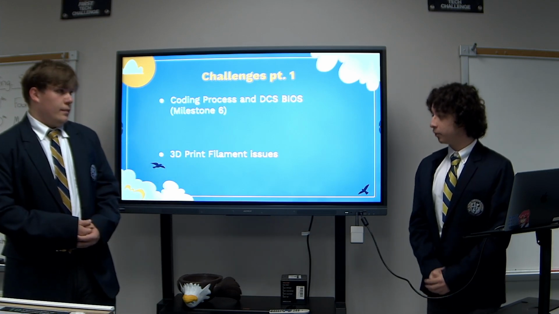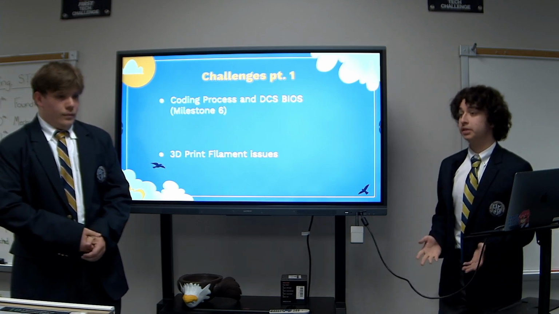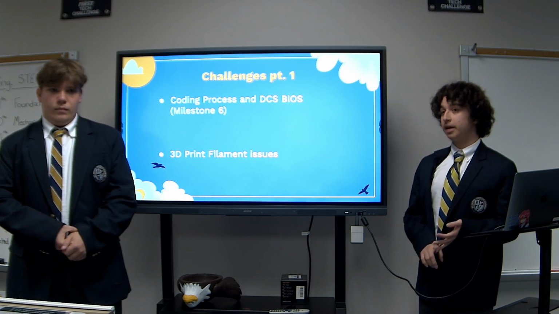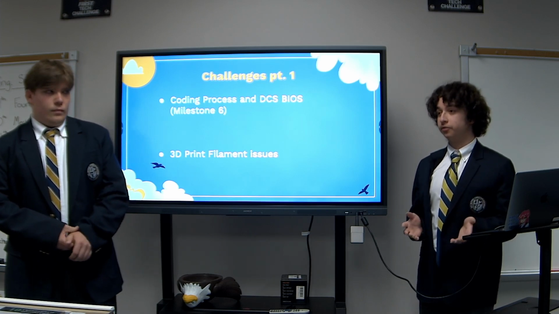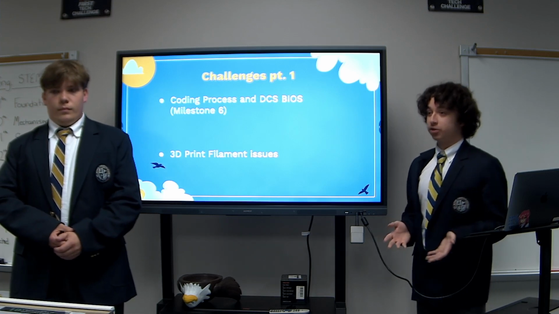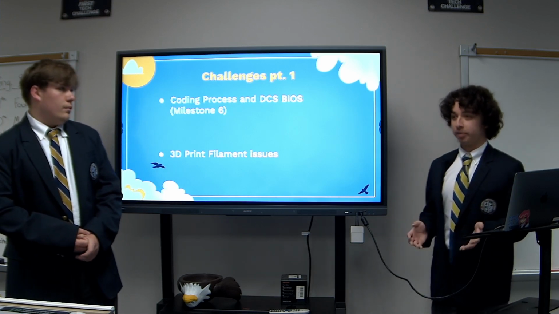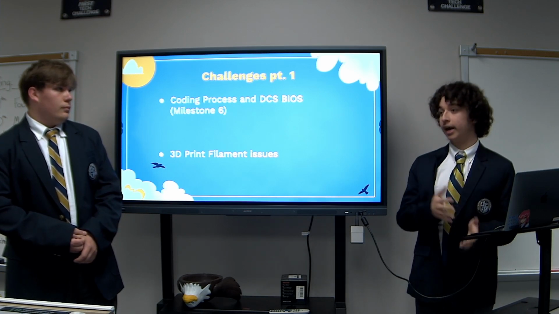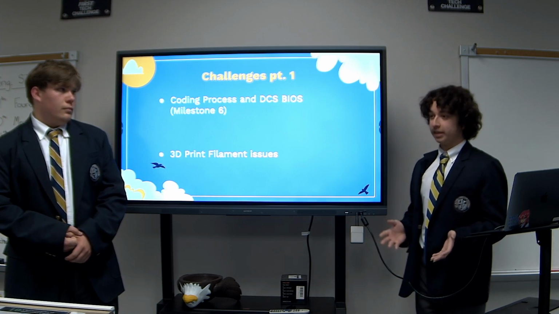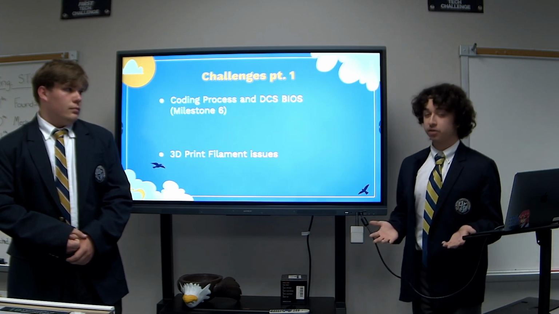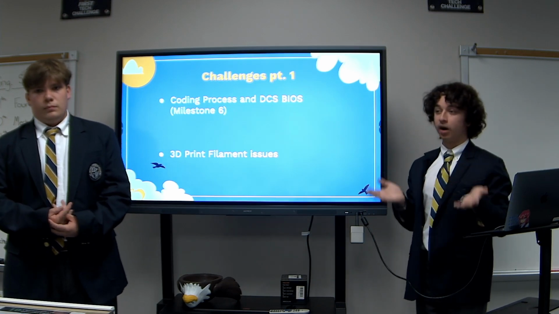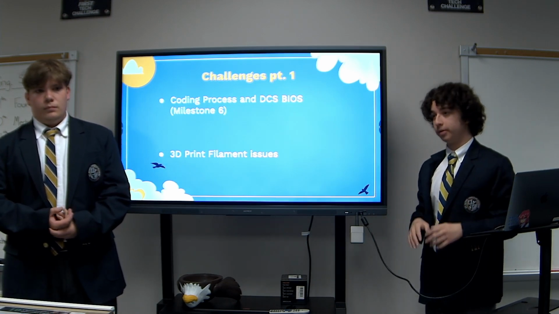As well, we also had issues with 3D prints. Since we were using ABS, PLA, and PETG, the ABS is notorious for warping. So I just ran into issues of a lot of warping since the garage that I had my printers in, at the time we were printing it, was around 13 degrees Celsius, which the air then leaked into the printer and then caused the corners of the ABS prints to warp.